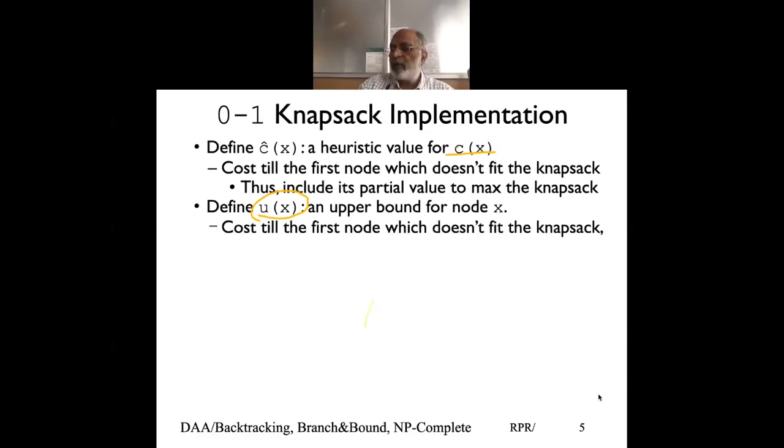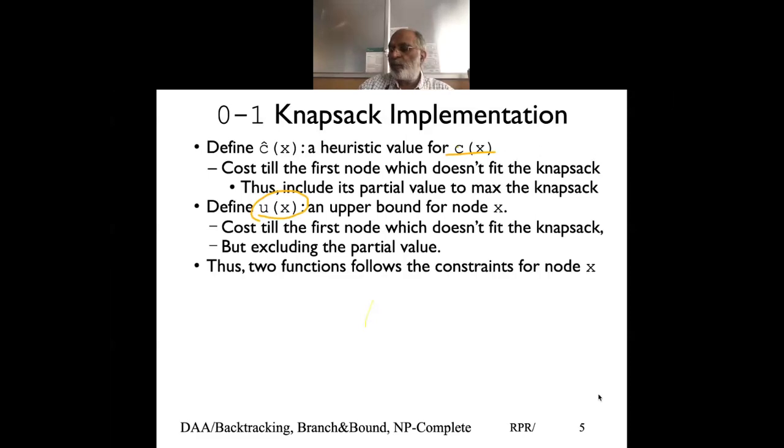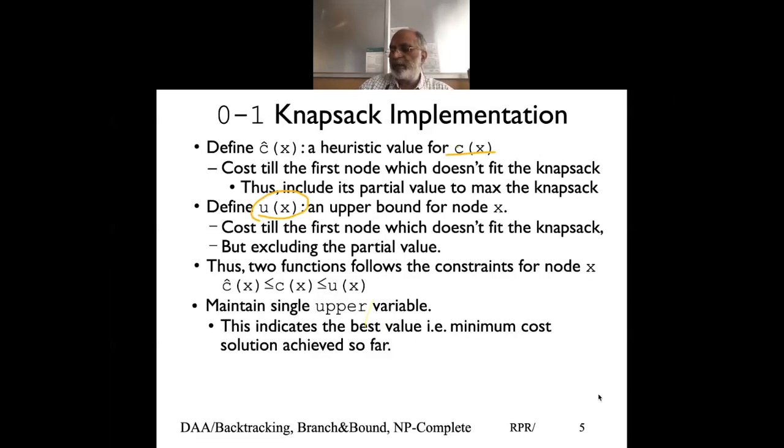We build that, and we maintain one variable we call upper, which indicates the overall limit for my entire tree. So U(x) is the upper bound for a given node or its children. Upper is the bound for the entire tree, and we have said that the estimated cost should be less than the actual cost, which should be less than the upper limit.